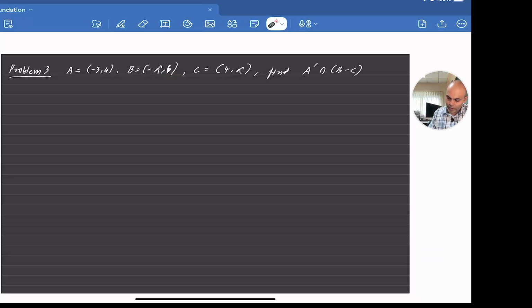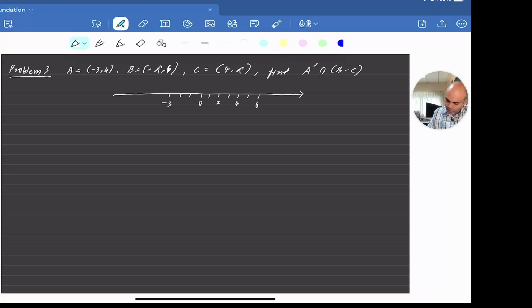So let's make sure that the graph covers these points: 0, 1, 2, 3, 4, 5, 6, minus 1, minus 2 and minus 3.